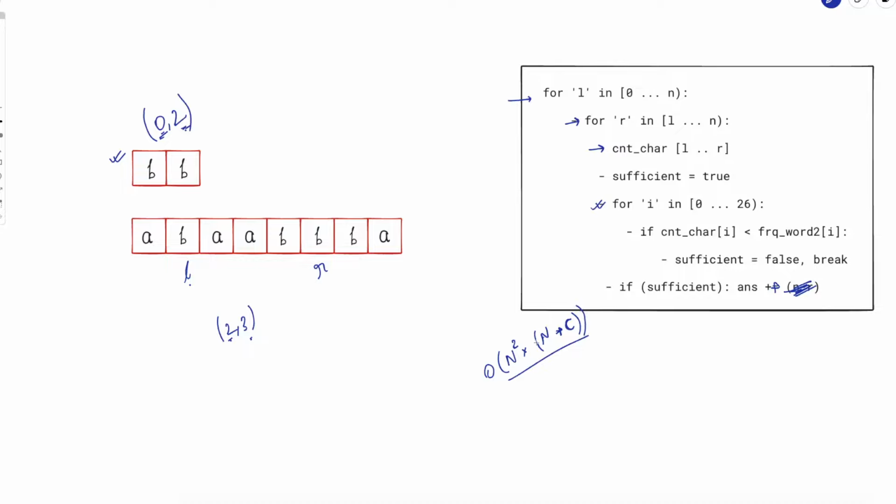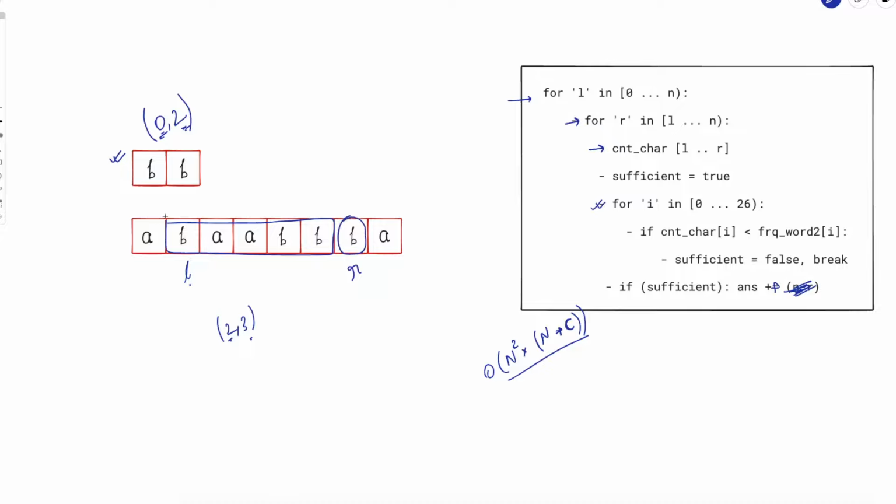Now, this n you can easily remove. How? You don't need to iterate over everything between L and R every time, because once you have the frequency of every character in this range, when you go to the next substring, you are just having one extra character.